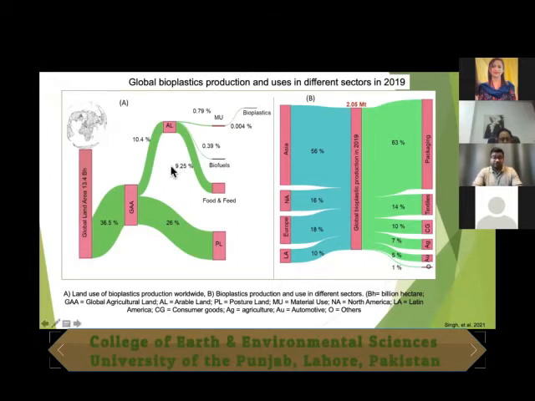So here, if we compare all the global arable agricultural land, then 10% of the arable land goes to biofuel. If we look at this part, with biofuels no one talks about land or other things. Most countries are encouraging and giving incentives and subsidies to produce more biofuels.